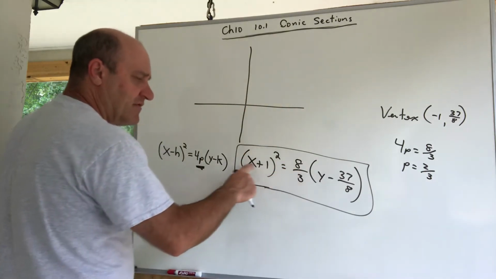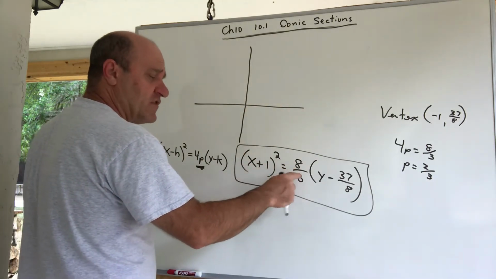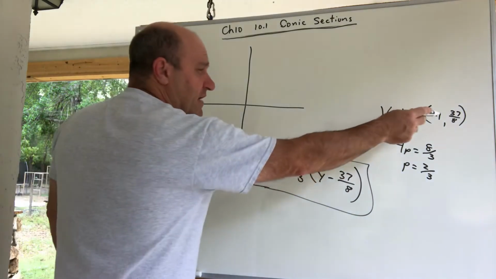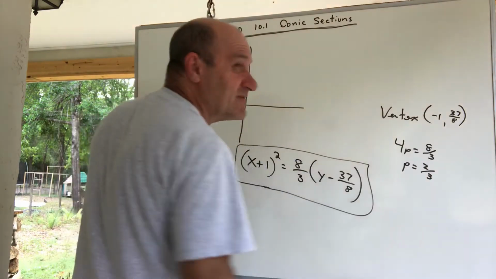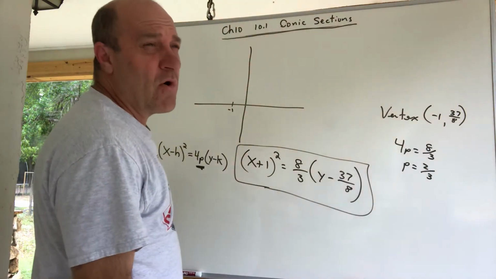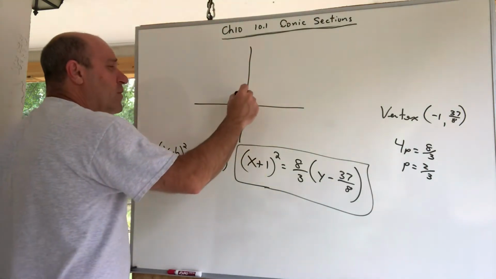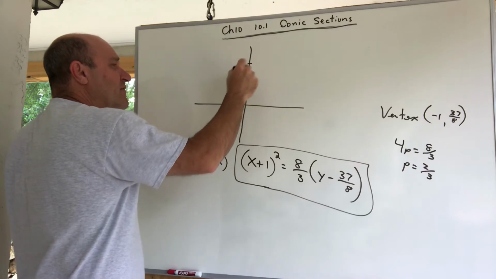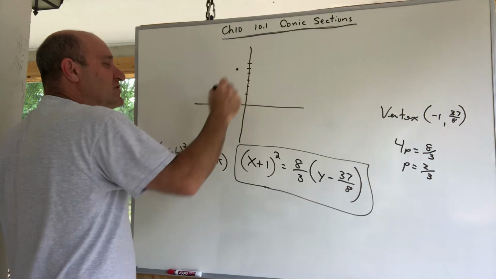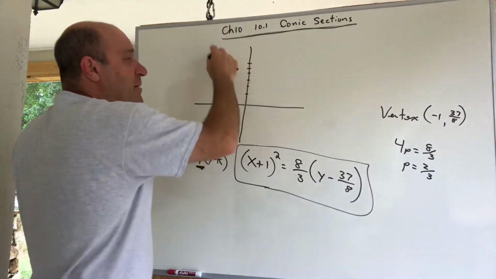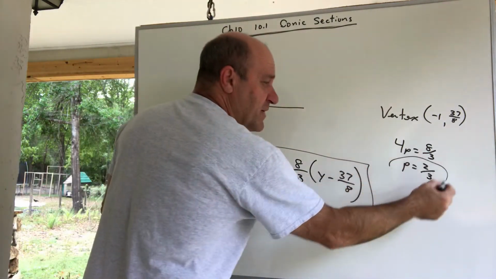When there's a positive coefficient, it opens up. The vertex is negative 1, 37/8. What's 37/8? 4 and 5/8. 1, 2, 3, 4, and 5. 4 and 5/8 right here. So there's the vertex. It opens up. And then there's this distance p.